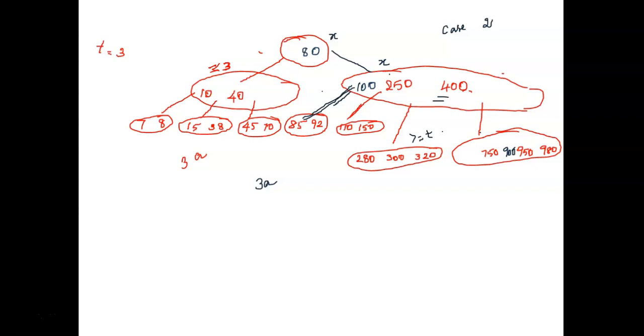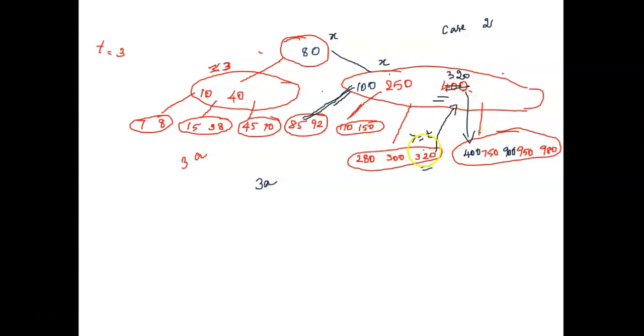So if it has at least t keys, then no problem. I have to take one predecessor. So who is the predecessor? It is 320. So I have to take 320 here and I have to move 400 here. Okay, so if I take this, I'll get 320 here and 400 would be inserted here.